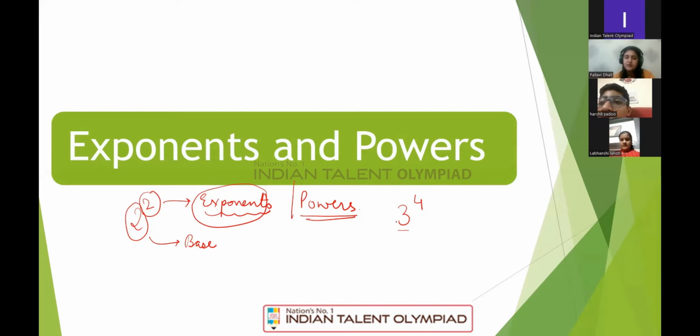So here 3, what is 3 here, Kanishka? I'm not able to hear you. Kanishka, can you hear me? I can't hear you.